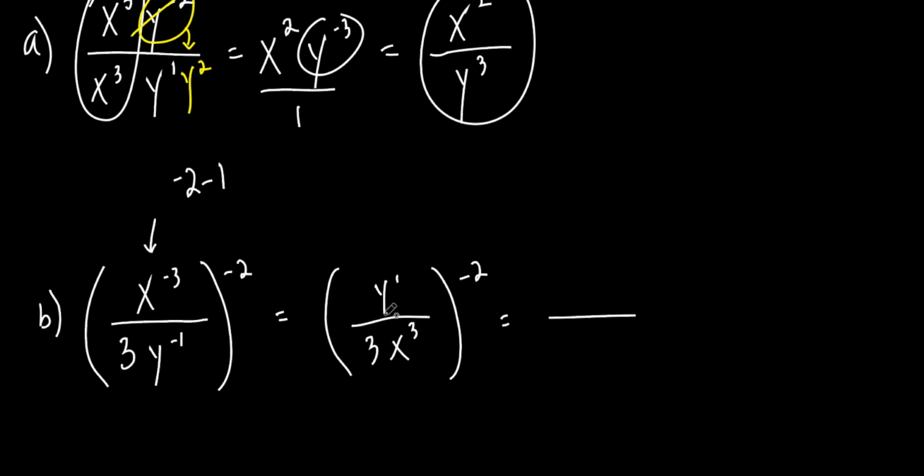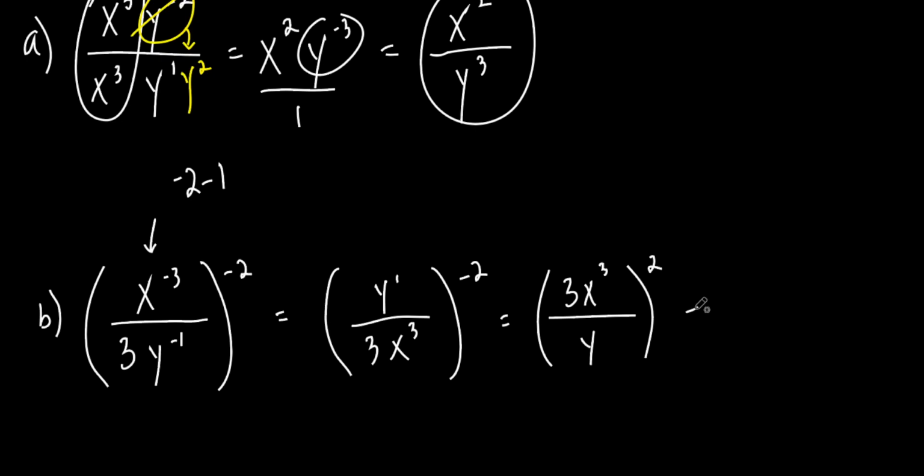Let's flip this fraction. This 3x cubed is going to go to the top. I don't have to change the signs of these things because I'm changing the sign of the exponent right here. All I'm doing is taking the stuff on the bottom, putting it on top, and taking the stuff on the top and putting it on the bottom. And then this is going to be to what power? To the positive second power, correct.